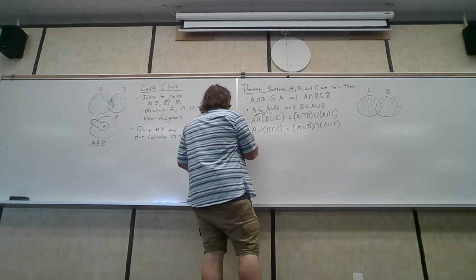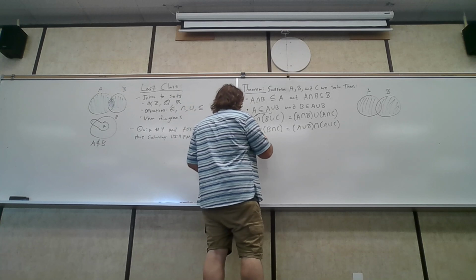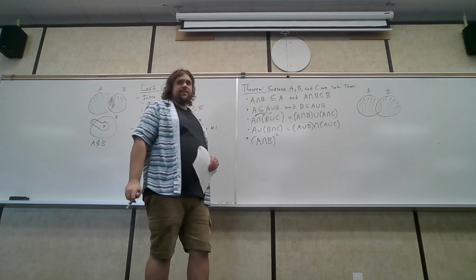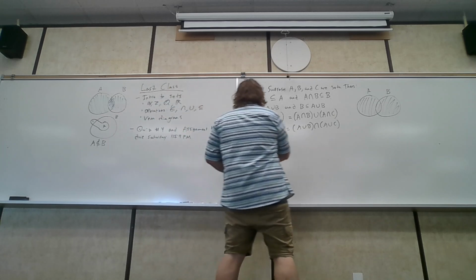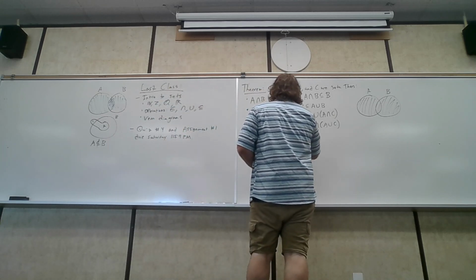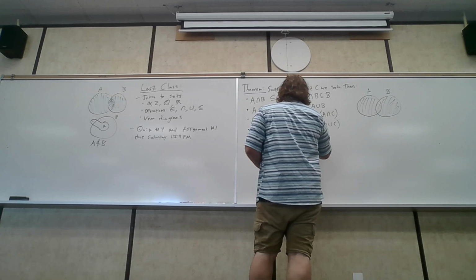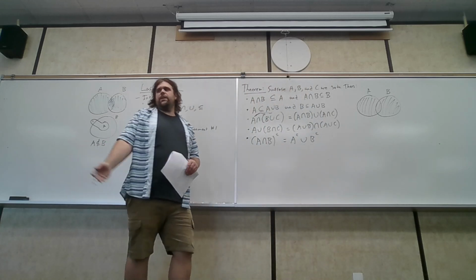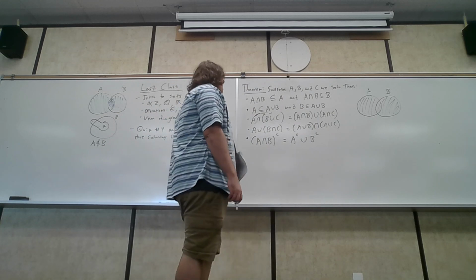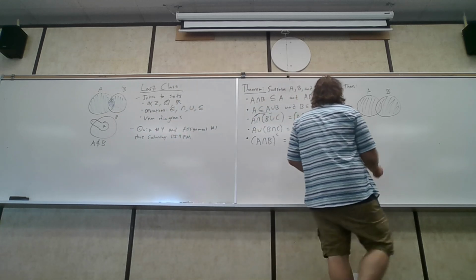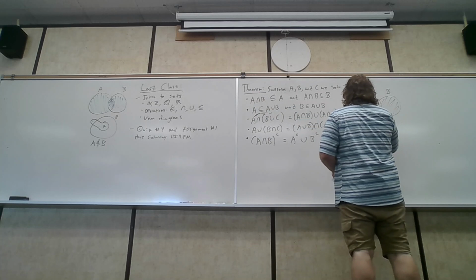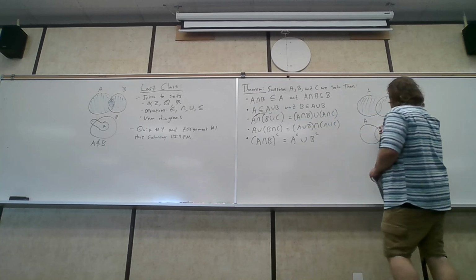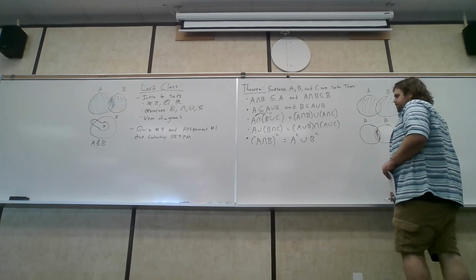And then as a consequence of De Morgan's laws, if you try to take the complement of A intersect B, you flip the symbol, right? This is, again, ultimately because of De Morgan's laws, but you can kind of think of it in terms of Venn diagrams, right? So you've got this little shaded in region.